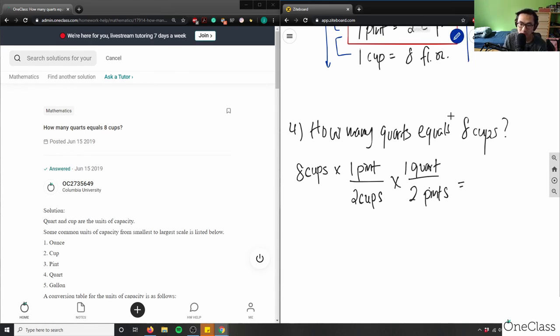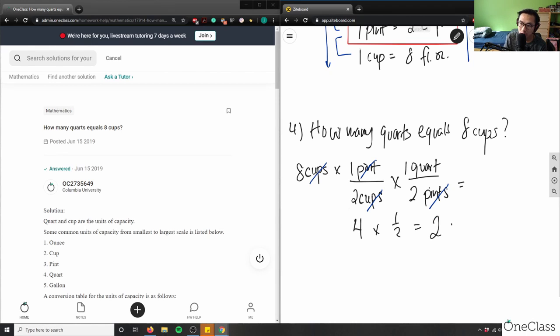Cups cancel out, pints cancel out. So all I'm left with is quarts at the top, which is what I want. That's my unit of interest, quarts. So let's do the math. 8 times half is 4. 4 times another half would equal 2.